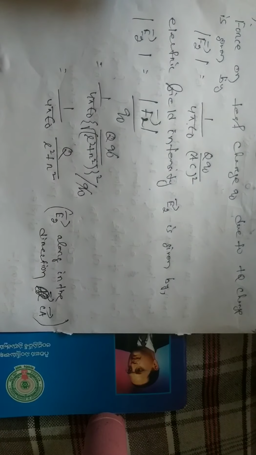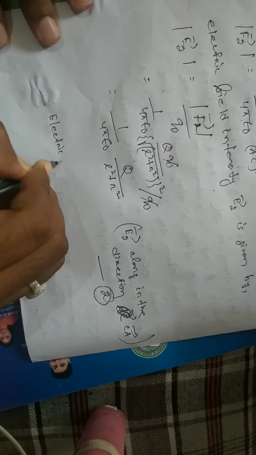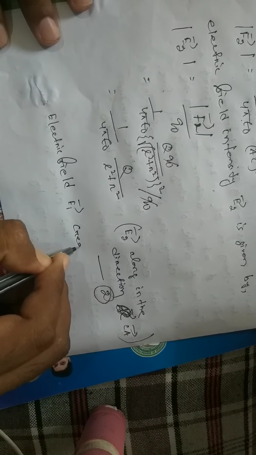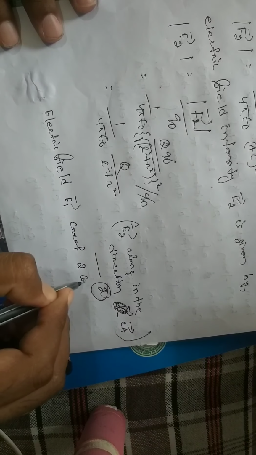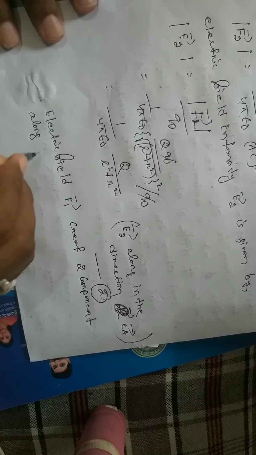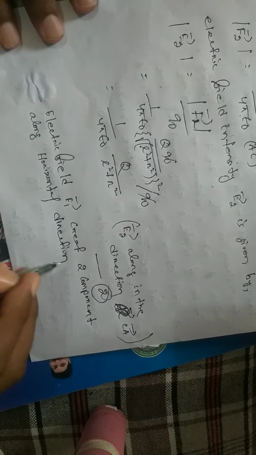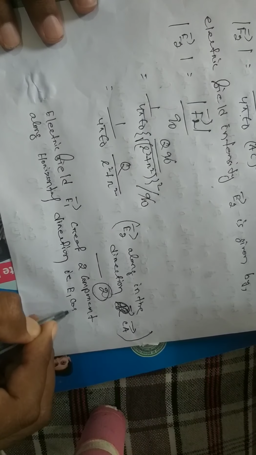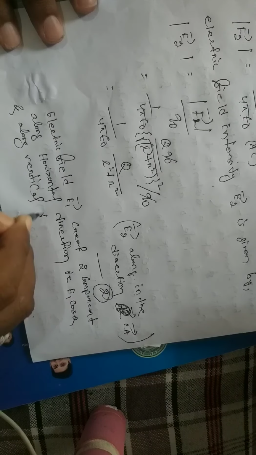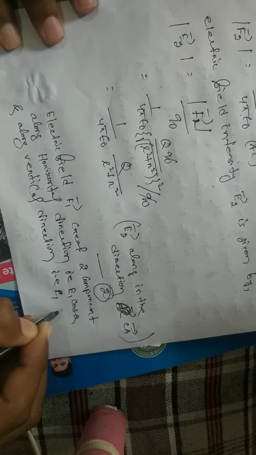So here the electric field E1 creates two components: along the horizontal direction, that is E1 cos theta, and along the vertical direction, that is E1 sin theta.